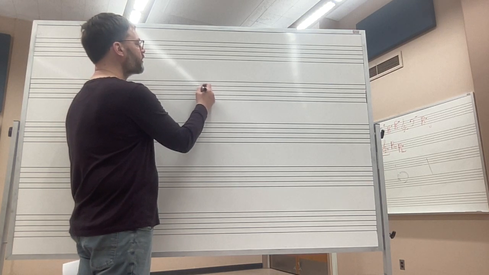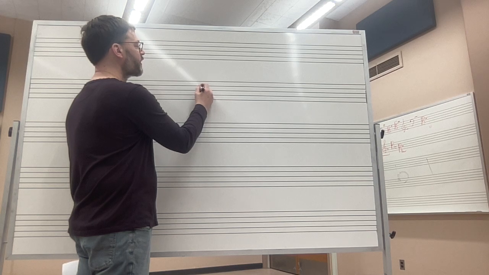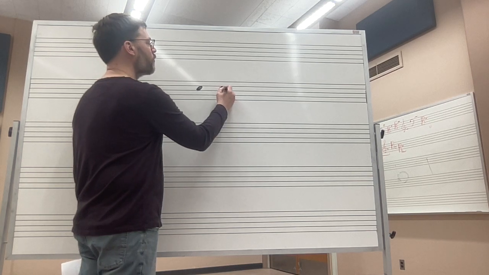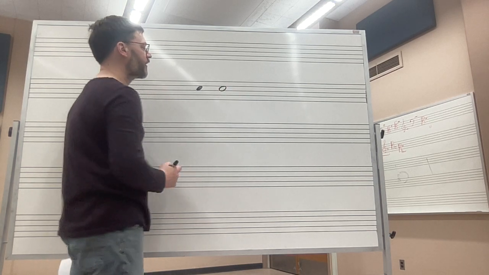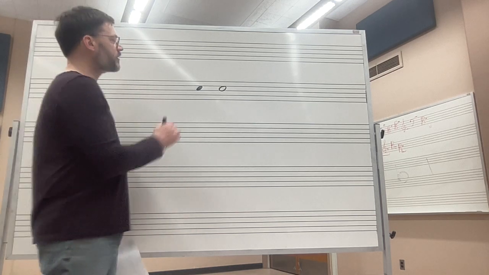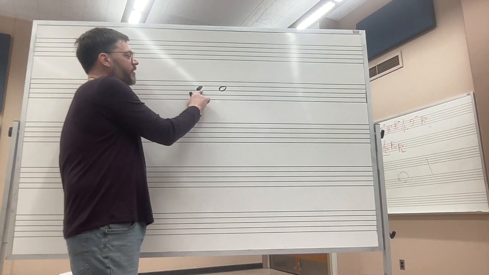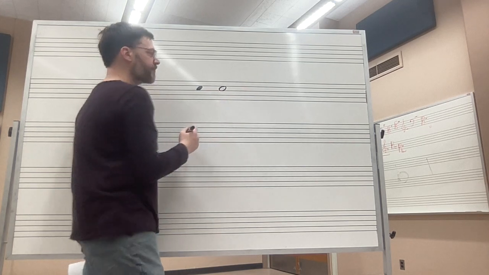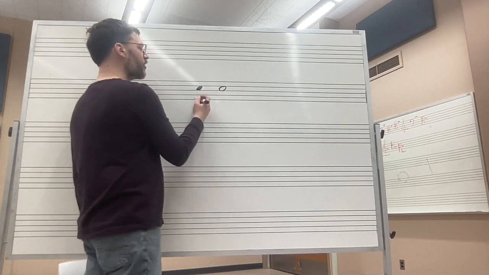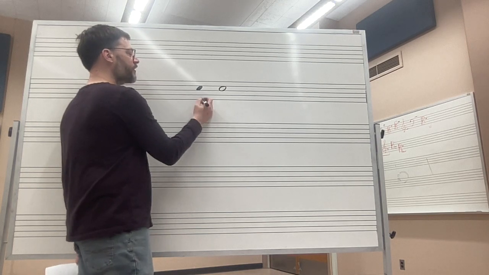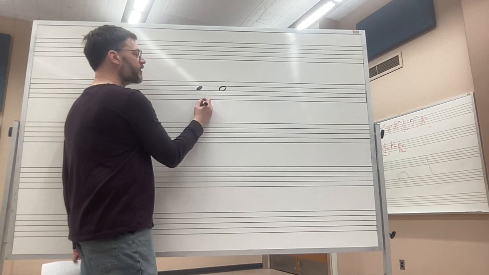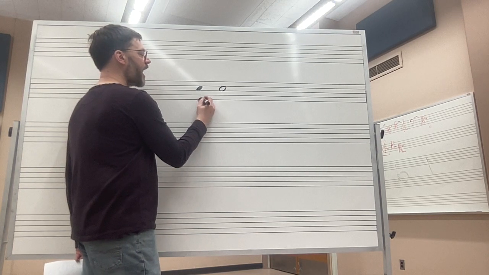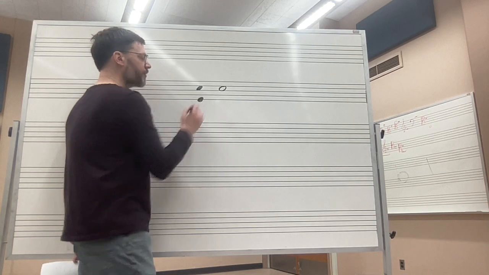We have a filled-in note head that looks like this, and then we have an open note head that looks like this. You want your note heads to be nice and square in the space that they exist, or on the line. When you make a filled-in note head, let's put it down here on a line, you're going to start in the middle and then just work your way out.